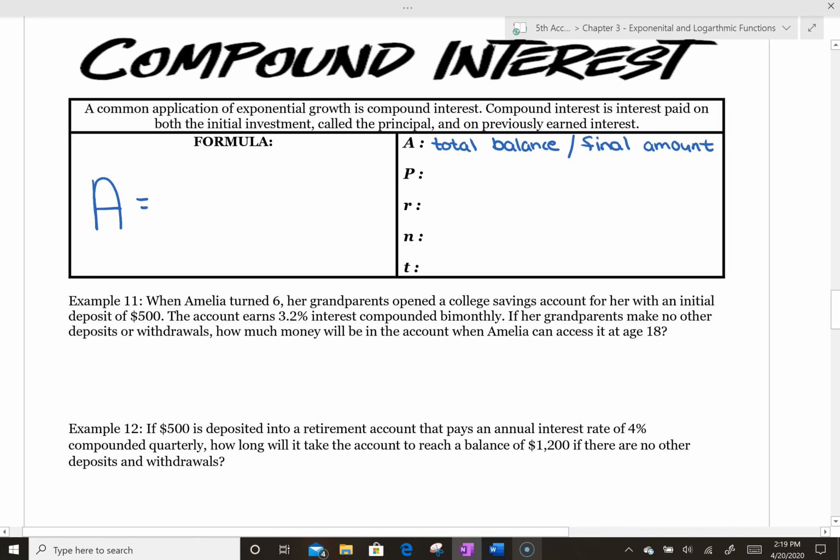Okay, which way you want to look at it. P, that is your initial amount, because it's your principal. 1 plus r, that's your rate. Remember, it needs to be a decimal.